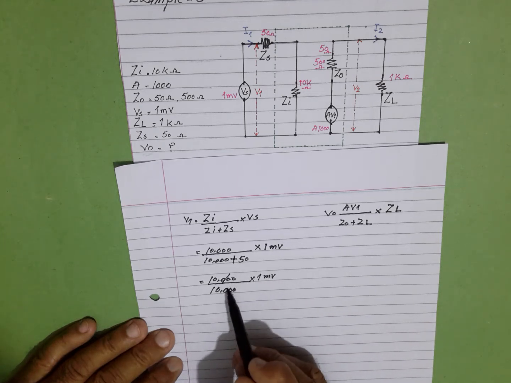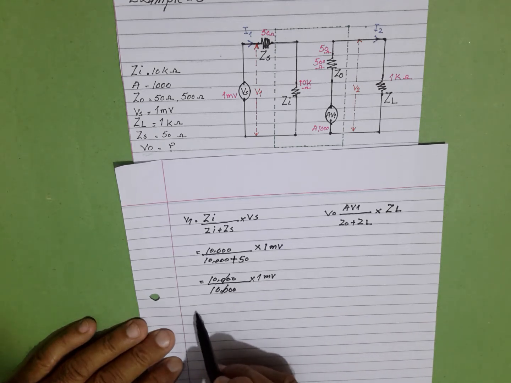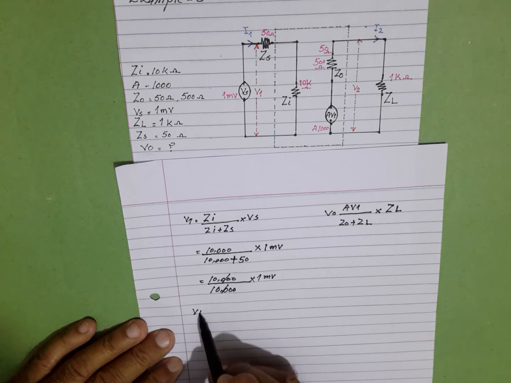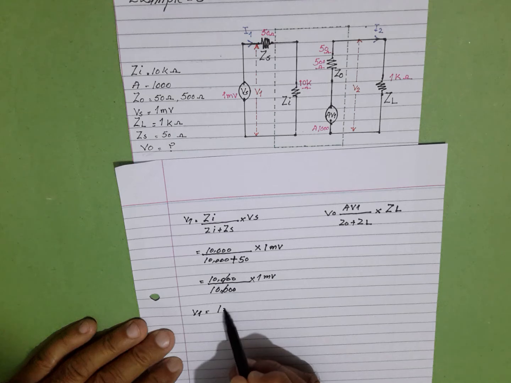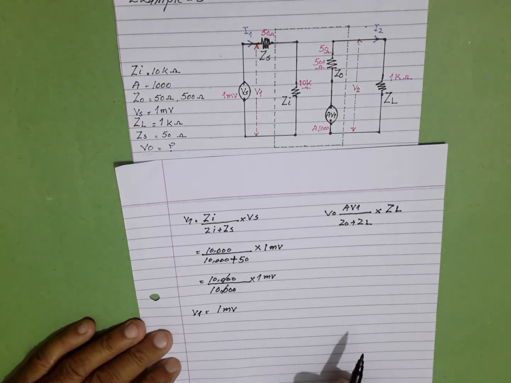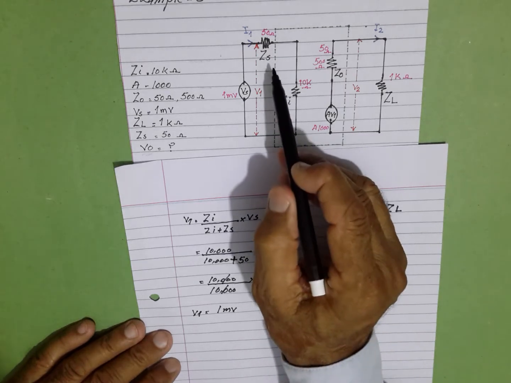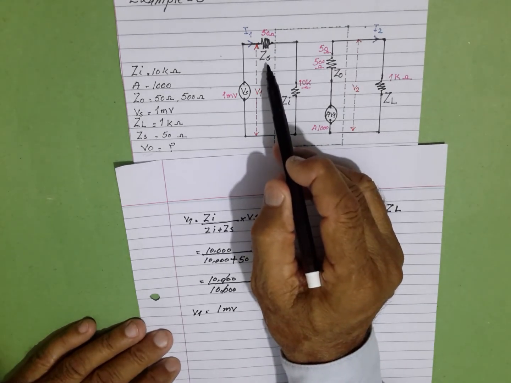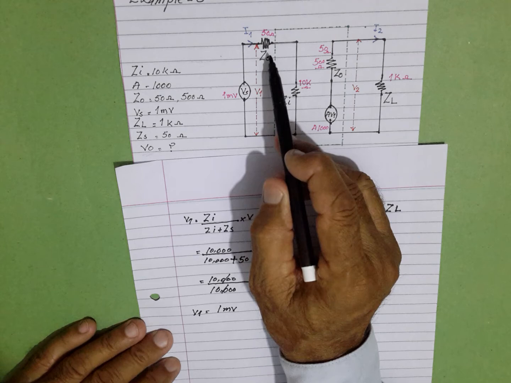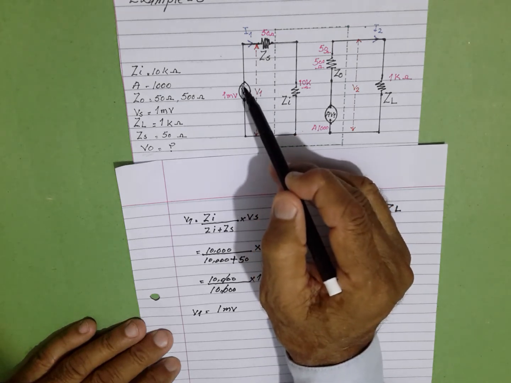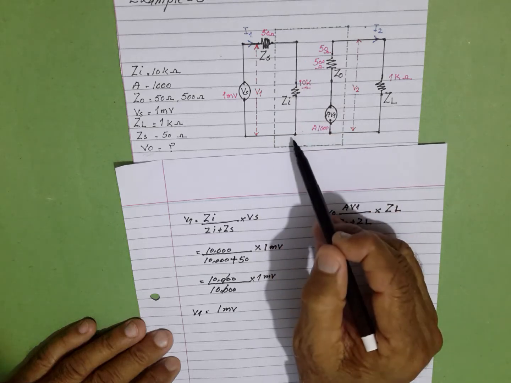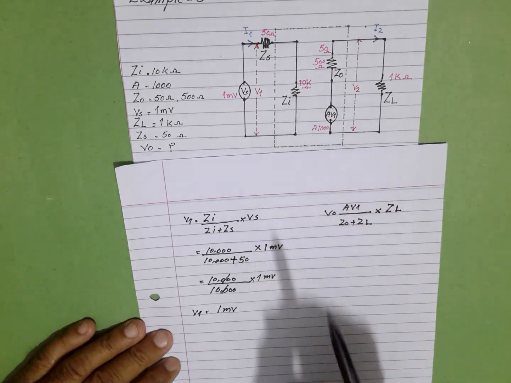This 10,000 cancels with this, so V1 is equal to 1 millivolt. Why? Because Zs is very small, 50 ohms is going to drop very little voltage, so almost 1 millivolt appears across Zi. So V1 is 1 millivolt.